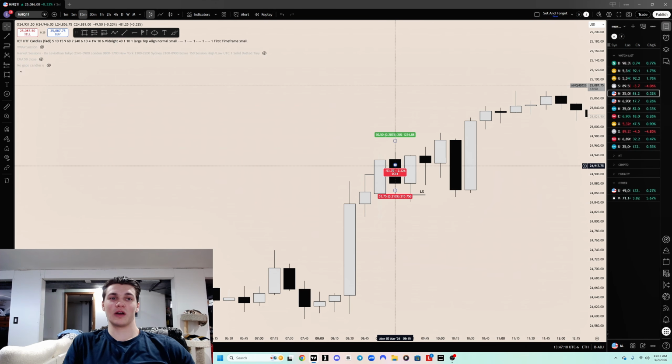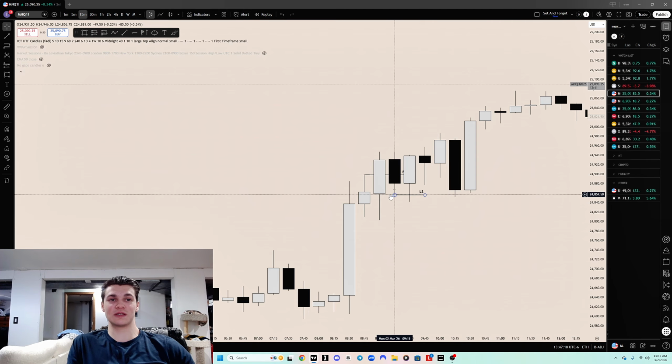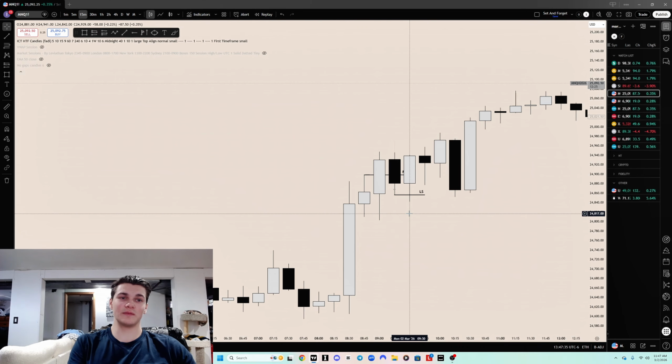It ended up closing like this, taking us out, but we're still inside of that bullish range, right? So technically, this would still be the liquidity sweep, and this would still be the draw on liquidity, the top of this candle and the bottom, because we're still bullish in the market. It's not like this candle ended up closing below this candle's range and staying inside of it.